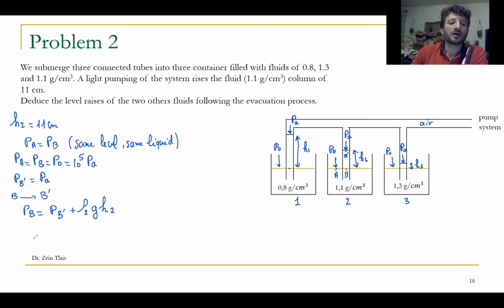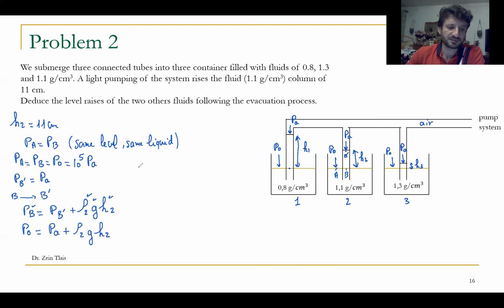We have PB equals P0 and PB prime equals PA. In general, we have H2, we have G and rho 2. We can calculate PB prime from the second fluid. So P0 equals PA plus rho 2 G H2.